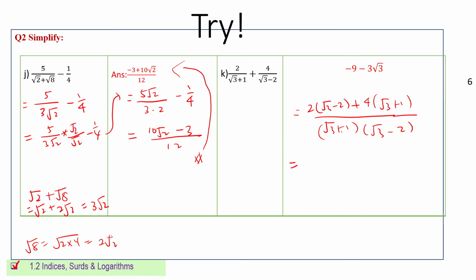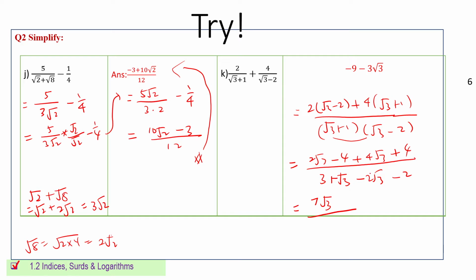So what we can do, we just expand normally. So we have down here 3 plus √3, minus 2√3, minus 2. The upper part is 2√3 minus 4 plus 4√3 plus 4. And then finally we have a top numerator as 7√3, minus 4 plus 4 is 0.